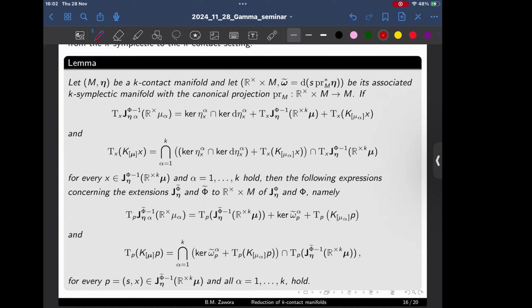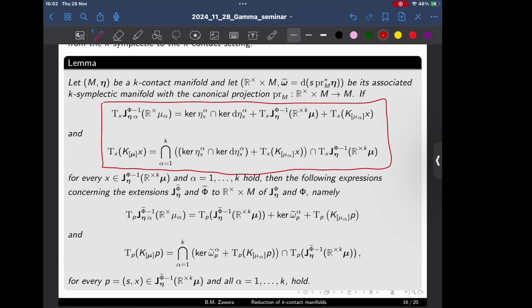So we want to translate the conditions from this k-symplectic modified Marsden-Weinstein theorem into the k-contact setting, and indeed they translate if and only if these conditions hold.